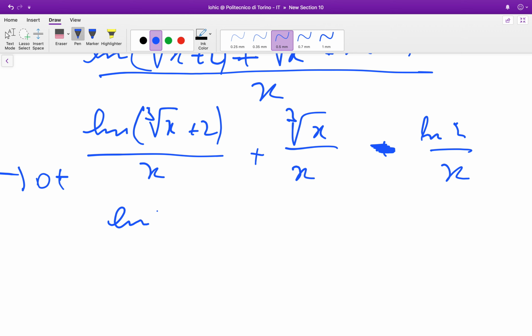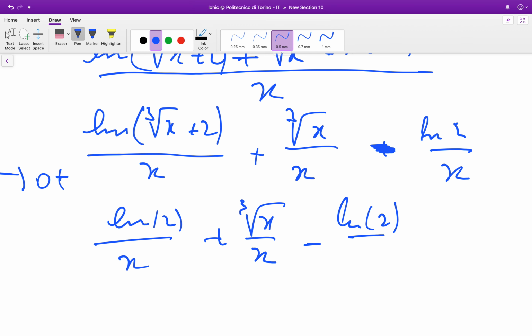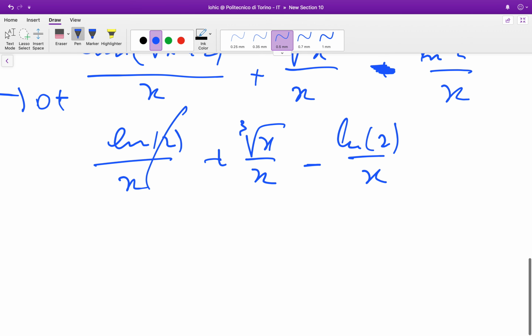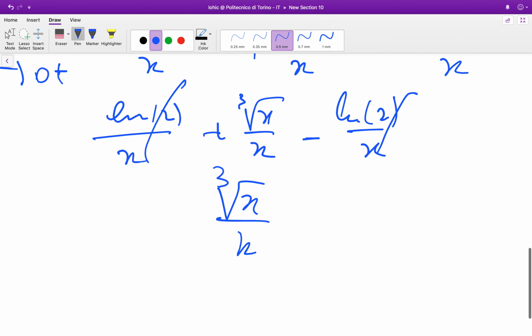So this will be ln 2 divided by x plus cubic root of x over x minus ln 2 divided by x. Right? So this and this cancel and we remain with cubic root of x divided by x.